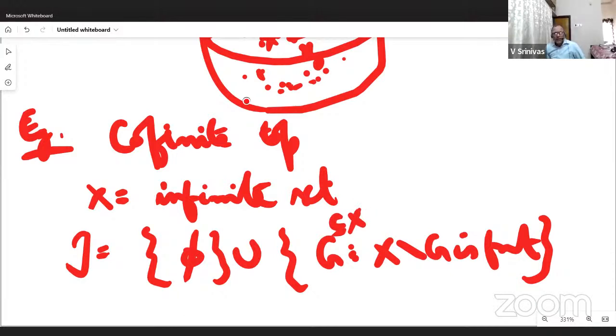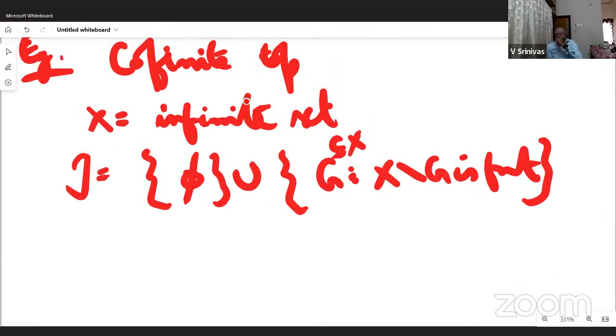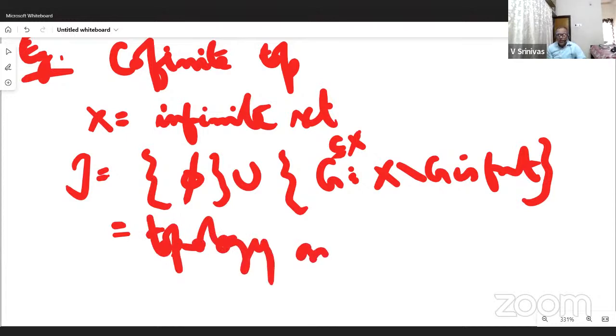You can see that this kind of a tau is a topology on X, and this topology is called cofinite topology. I'm taking the empty set and those subsets G of X whose complements are finite.